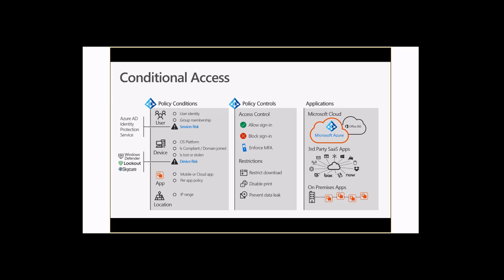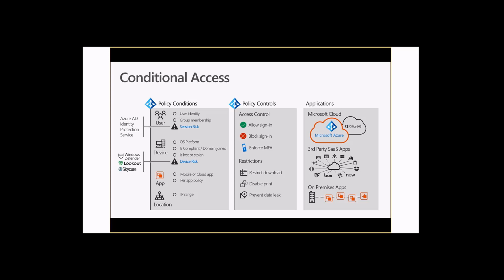Or maybe they're in a location that we don't want them to connect from. In any of those risk conditions, we can provide a set of controls that either allow or restrict access to cloud applications such as Office 365 or other third-party SaaS applications like Box, ServiceNow, and so forth.